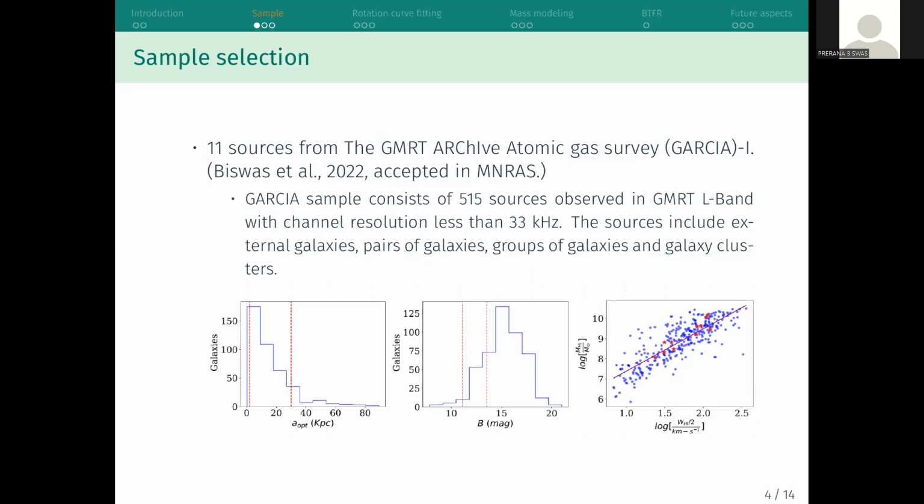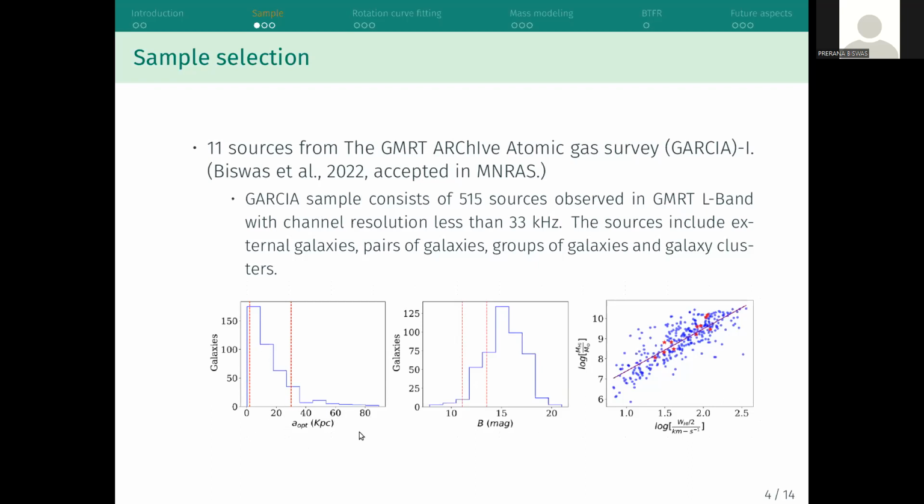As a pilot survey, we have analyzed 11 sources as a part of the survey, and we intend to do it for all of the sources and make the results public in a phased manner. So here is the distribution of these sources.